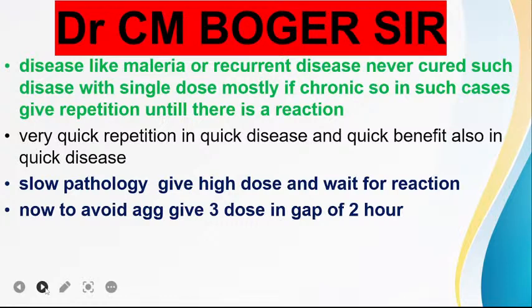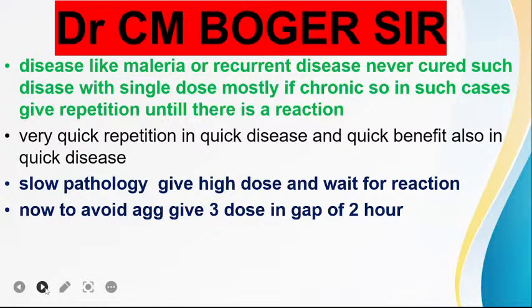Now we will talk about some more doctors who had some exact idea about some pathological cases, and how to repeat in some types of pathological cases. So Dr. CM Boger sir, a great homeopath, taught about that from his clinical experience. See what a great idea has been given by Dr. Boger sir.